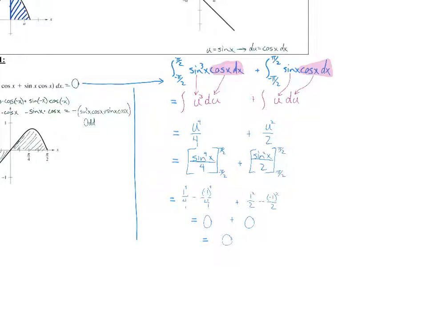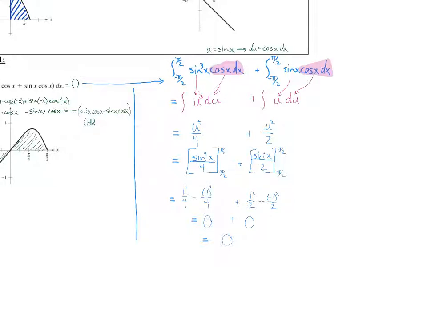Now I want to show you one thing with this last stage, and we're going to do a couple more examples of using the u substitution. I pointed out to you that the bounds did not apply when we were in terms of u. And I showed you one way that you can handle it: you can substitute back in the u, so everything's in terms of x, and use your original bounds.